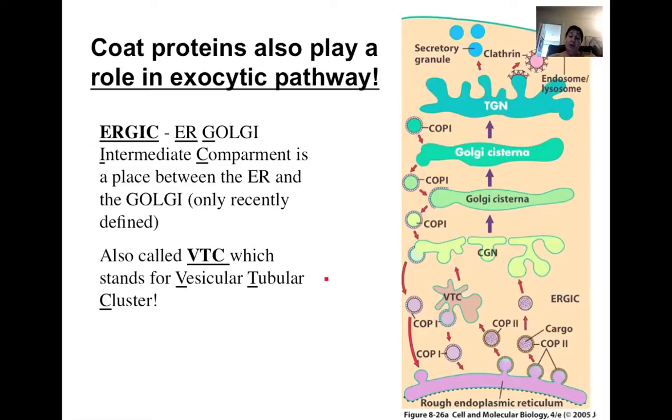Okay, and so COPII coated vesicles bud from the ER en route to the cis Golgi, and they bud using COPII. Now, once they bud, they have to fuse with the ERGIC or fuse with the VTC, and then they bud off of that and are then transported to the cis Golgi network.